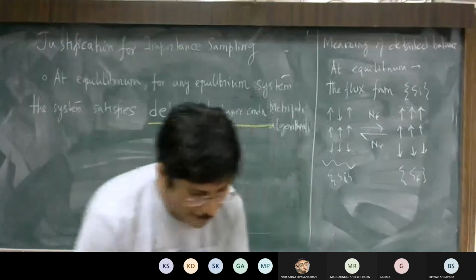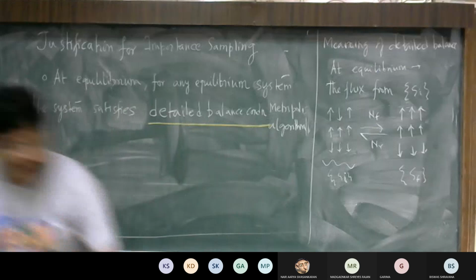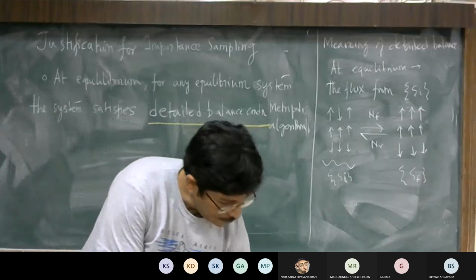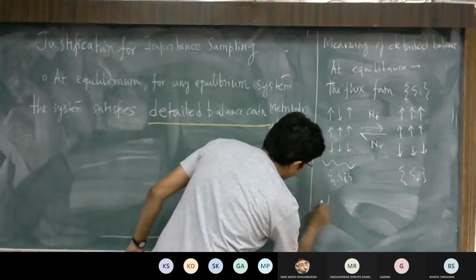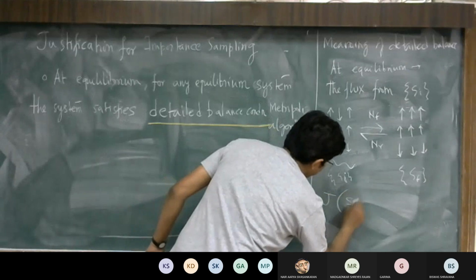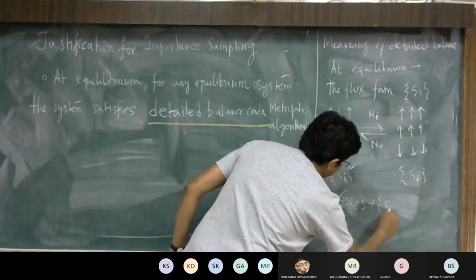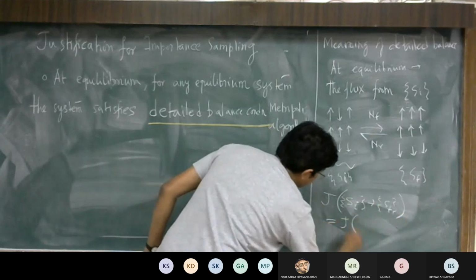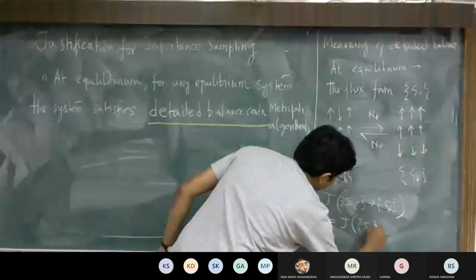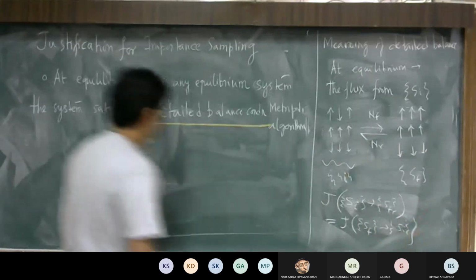Now, in other words, if I denote from any configuration SI, the initial state, to the final state, this is the same as the current from the final state to the initial state.